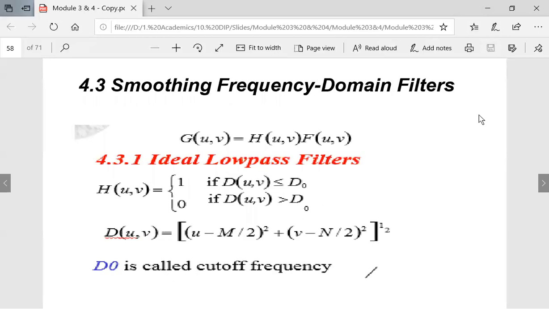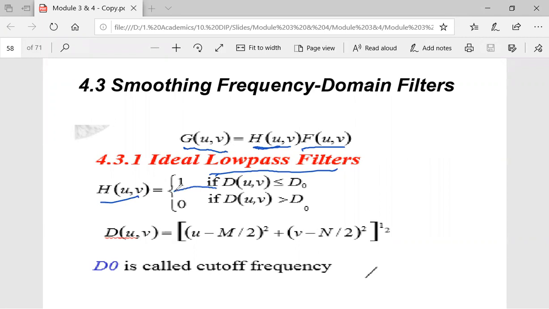You might have a doubt about what this D0 is. I'll explain once again. We already know G(u,v) is the transformed image. H(u,v) is a transformation operator, here called the low pass filter. F(u,v) is the original image. So H(u,v) will be working under two conditions.